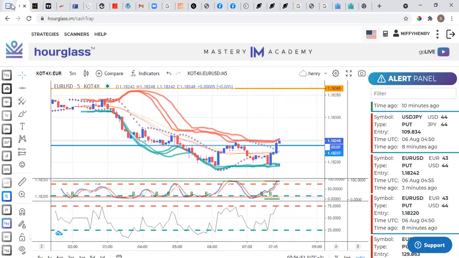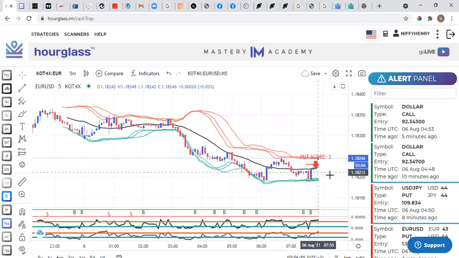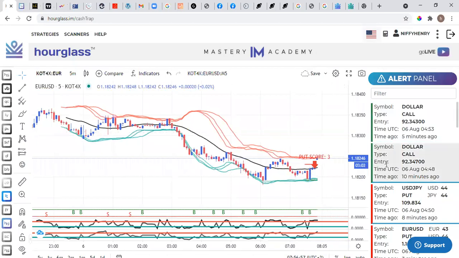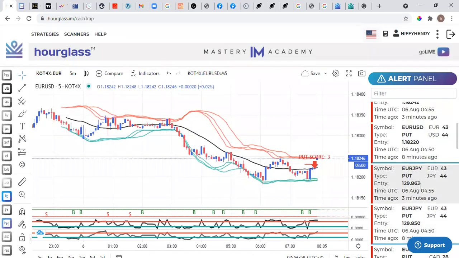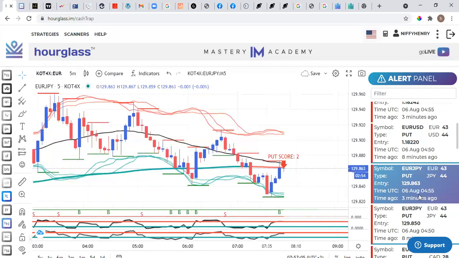Okay, so then what else? What was the arrow? Let's see. They have already gotten the put arrow. Let me see the time. Euro USD. This was 3 minutes ago. Okay, it was 3 minutes ago.